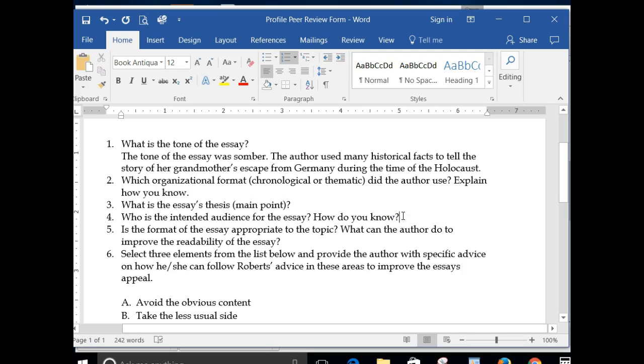And then who is the intended audience for the essay and how do you know? This can be related to tone, it can be related to a lot of different things. But who is the author writing for? In some cases, the author might be writing to record a historical event, or the author might be writing to inform family members about past family history. Or the author might be writing for, depending on who you picked.